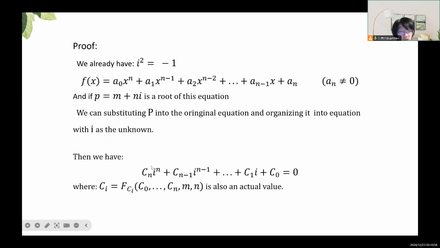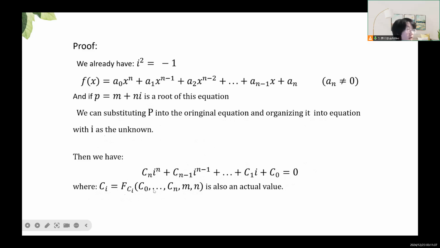Then we have c_n i^n plus c_(n-1) i^(n-1) plus and so on, plus c_1 i plus c_0 equals 0, where the c_i are functions of the a's, m and n.